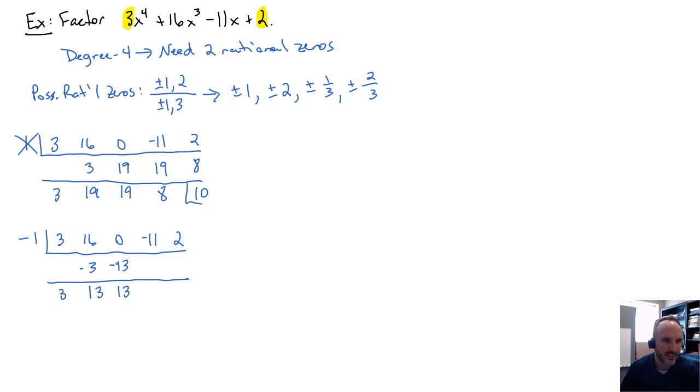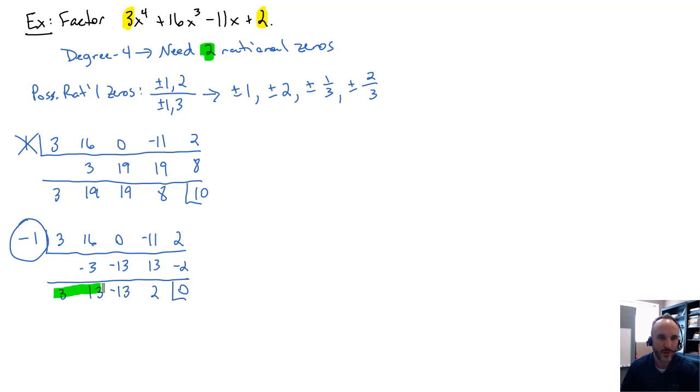Okay, yes, sorry, that is negative 13, because negative 1 times positive 13 is negative 13. Then I add 0 plus negative 13 is negative 13. Then I multiply and get positive 13, and I add and get positive 2, multiply and get negative 2, add and get 0. So negative 1 is a 0.